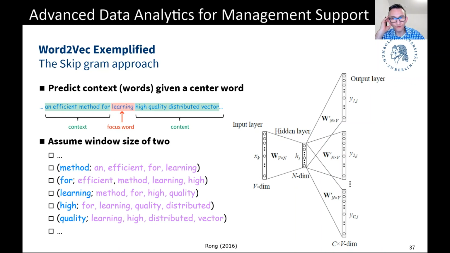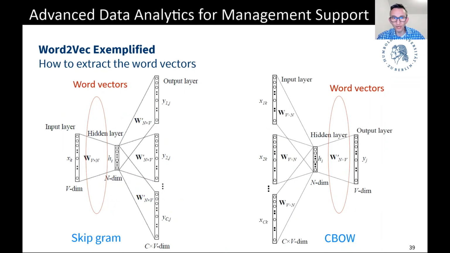That's the idea of Word2Vec. And you could ask, okay, in skipgram, how do I then get the word vectors? As a matter of fact, Word2Vec learns two representations of a word by design, because you have these two matrices, W and W prime, both of which have the dimensionality hidden layer size times the vocabulary.